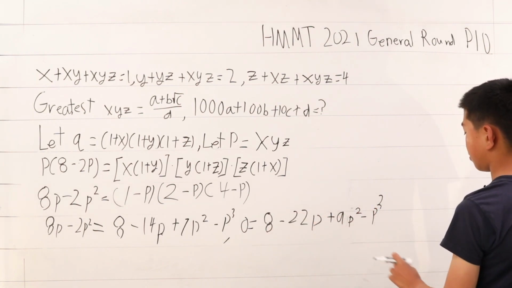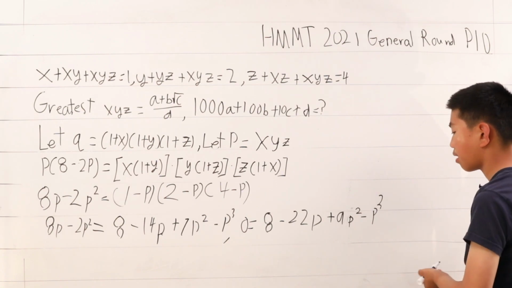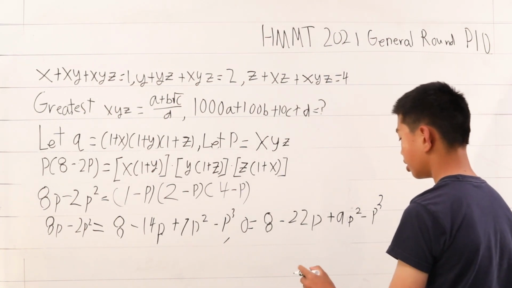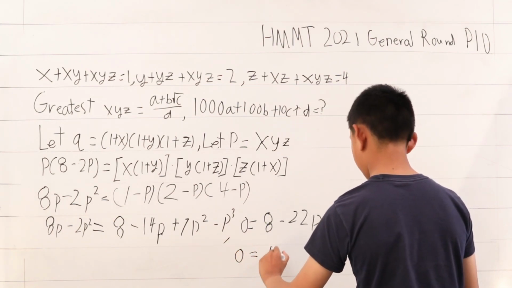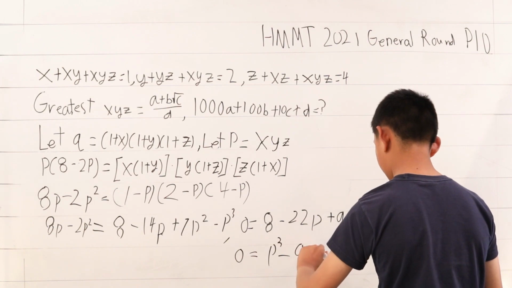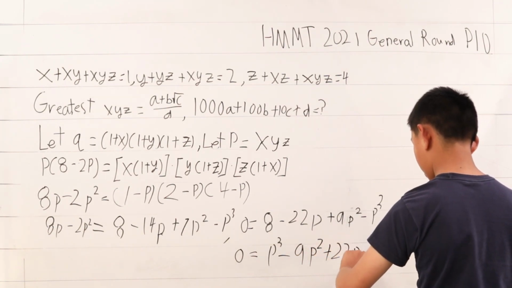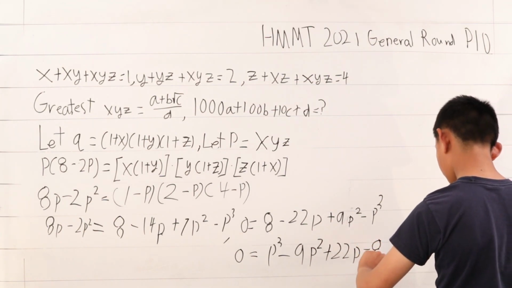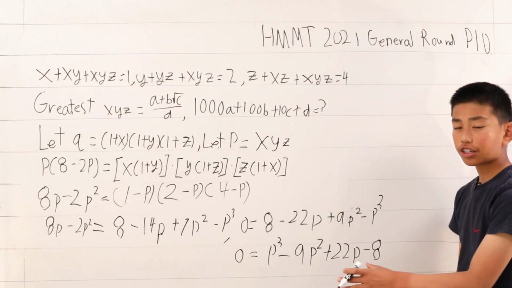This is all negative. We want it positive. So what we do, just multiply both sides by -1. We still have 0. This is now equal to p cubed minus 9p squared plus 22p minus 8.